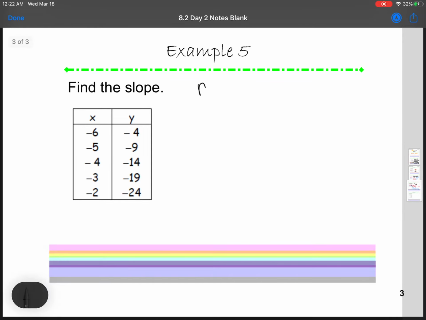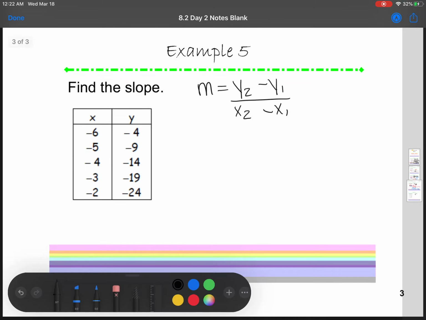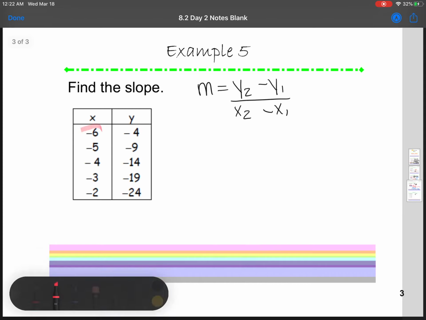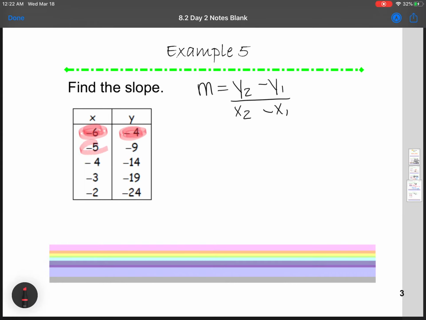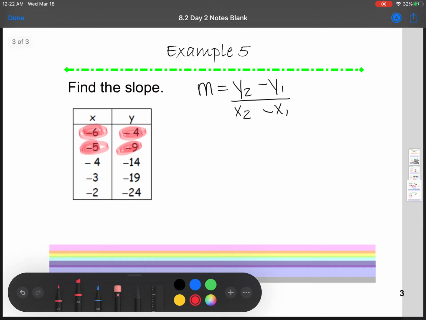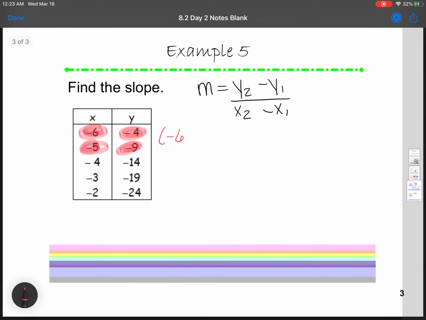All right. Again, I will start by writing my equation. M equals y2 minus y1 over x2 minus x1. Okay? First, I am going to use the 2 points, negative 6, negative 4, and negative 5, negative 9. x1, y1, x2, y2.